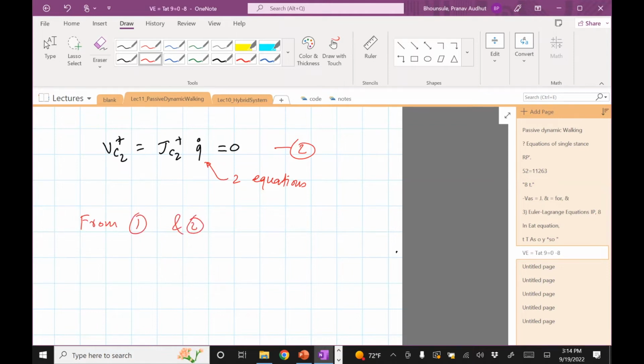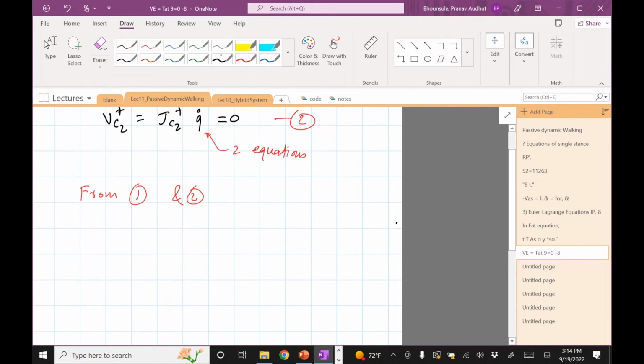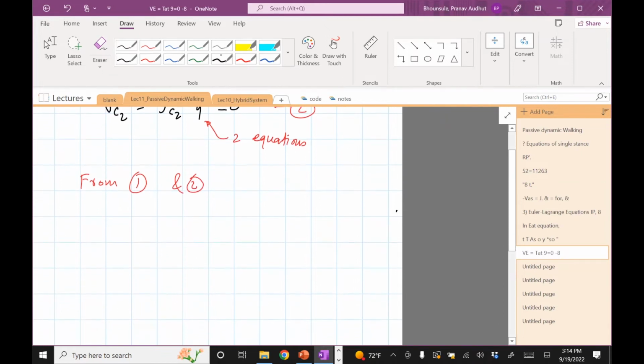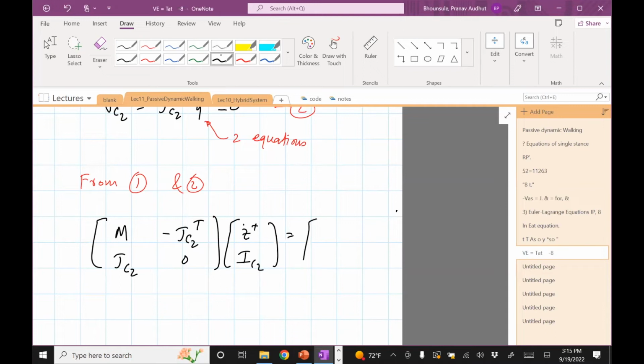From 1 and 2, I can write this very compactly as M, minus Jc2 transpose, Jc2, 0, times z dot positive, Ic2, equals m z dot negative, 0.